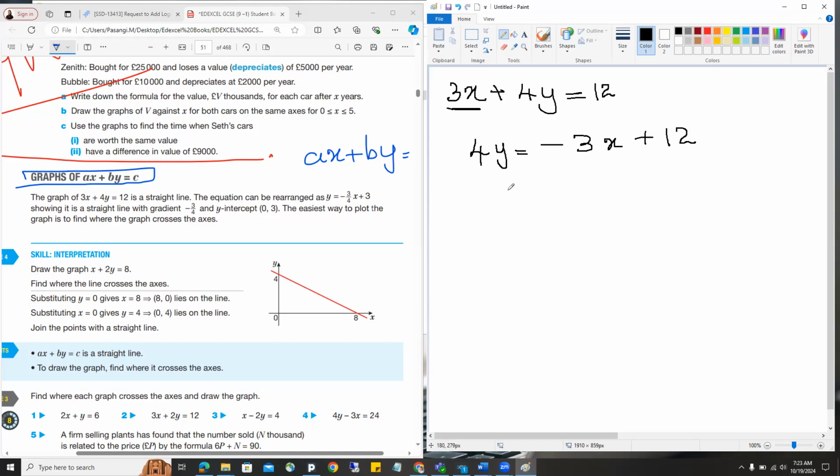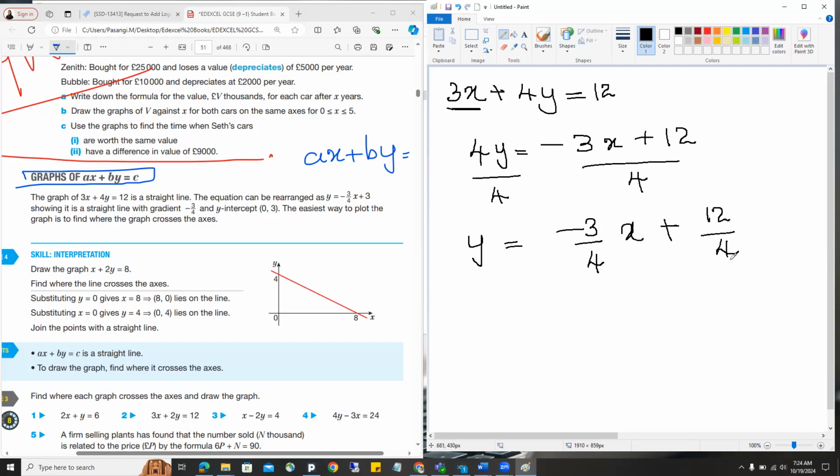Okay. Now to make y the subject, we should divide both sides by 4. So y is equals to minus 3 over 4 x plus 12 over 4.